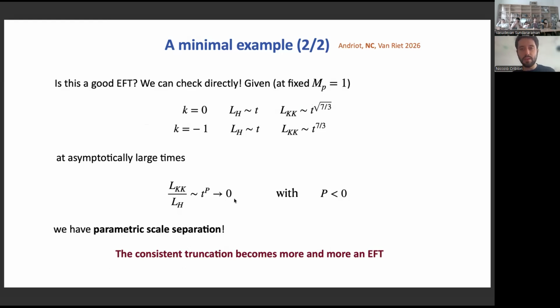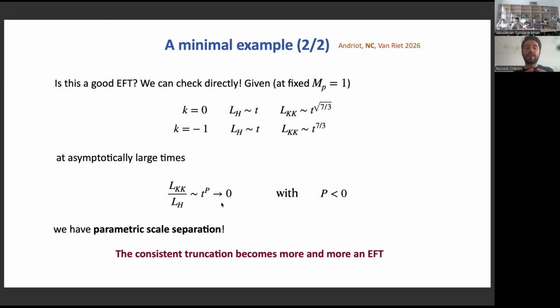And these are the values. It's super simple to check that if you take the ratio, they will all go to 0. They will go with some power p, which is negative. You can calculate it from these numbers. It means that the more you are at late time, which is the region in which you trust these solutions, the better. Don't trust this solution at very small times, because there you typically have a singularity, and you don't know how to resolve these solutions.